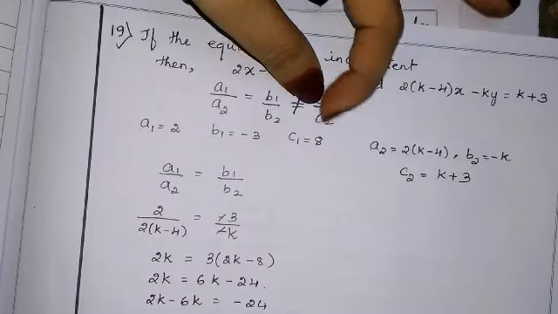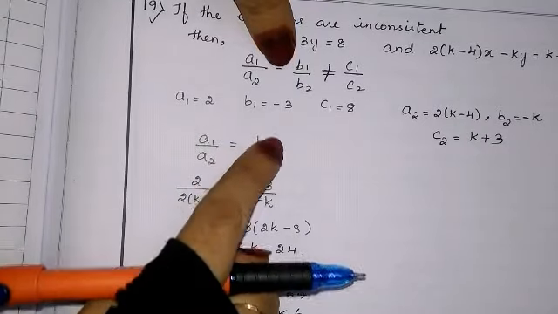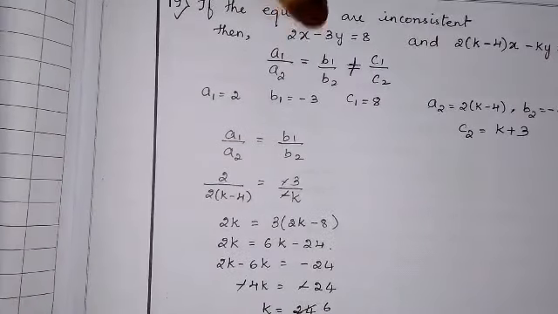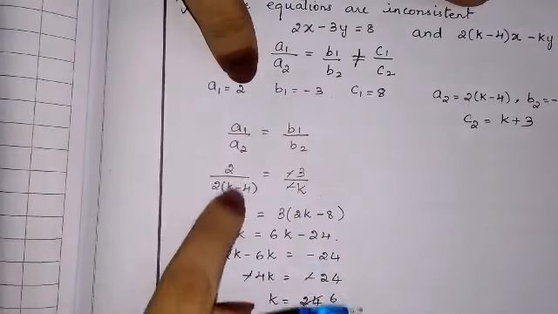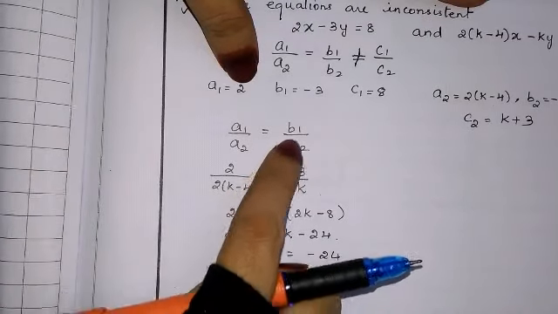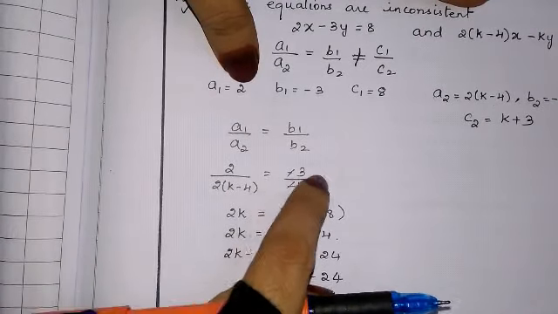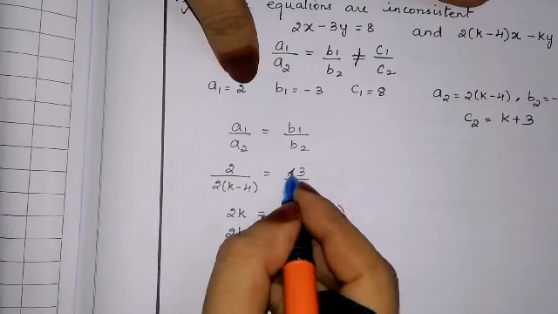Now let us not take the not-equal part. a1 upon a2 is equal to b1 upon b2. We should find the value of k, right? So a1 value is 2 by a2 value is 2 into k minus 4 is equals to b1 value is minus 3 and b2 value is minus k. Okay, minus minus get cancelled.